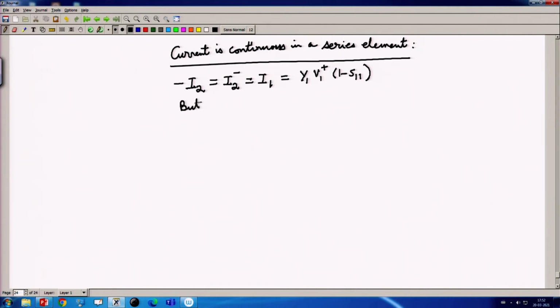But I 2 minus will also be equal to Y 2 V 2 minus, and therefore, Y 2 V 2 minus will be equal to Y 1 V 1 plus (1 minus S 1 1). We just equate these two.